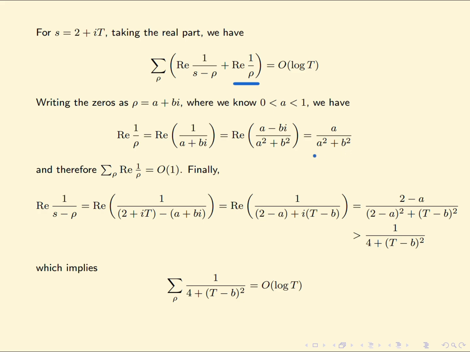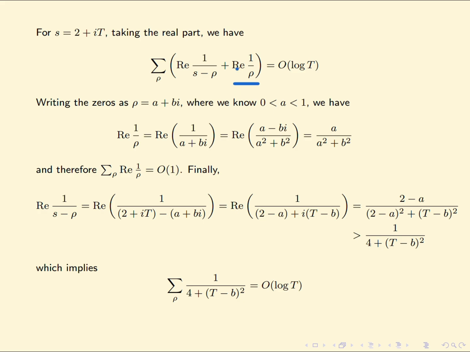And therefore, the sum over rho of the real part of 1 over rho is just the sum over rho of this thing. But remember, the zeros are distributed roughly linearly. It's a little bit more packed than linear, but it's less packed than any power greater than 1. Because this denominator has a b squared on it, this thing is just going to converge.